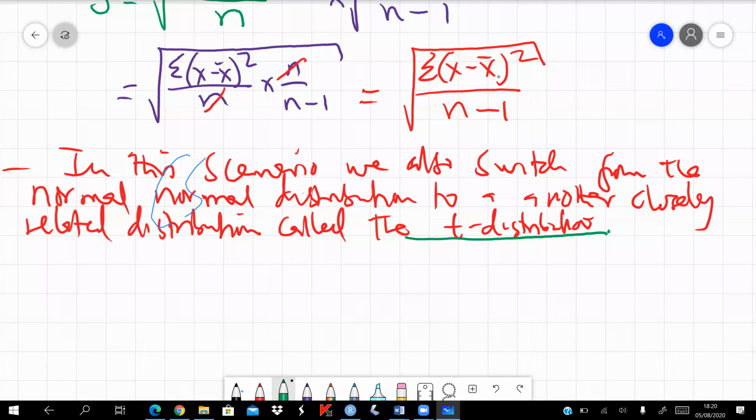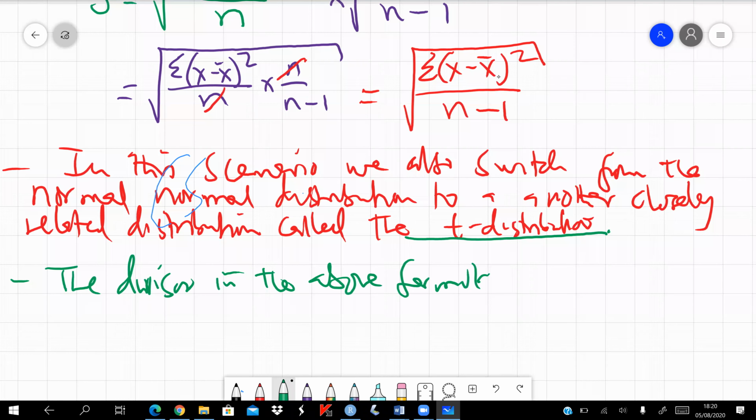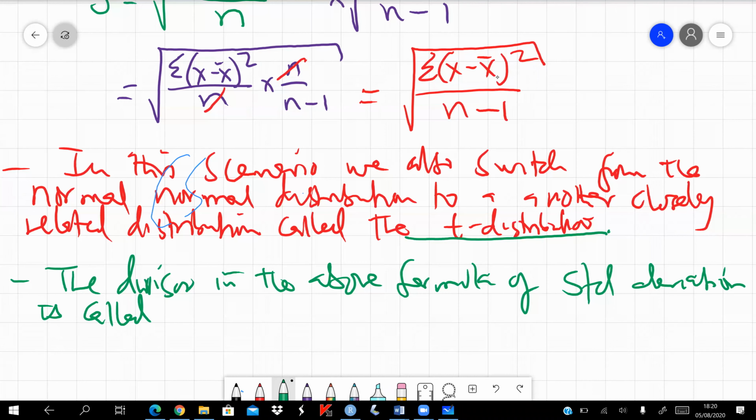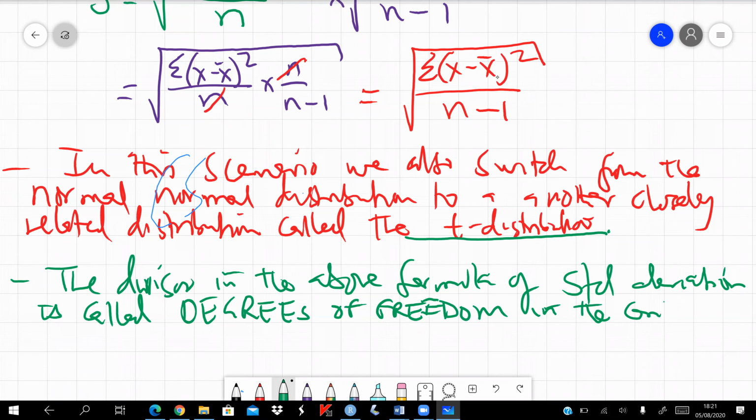Okay, so the divisor in the above formula of standard deviation is called degrees of freedom in the context of the t distribution.